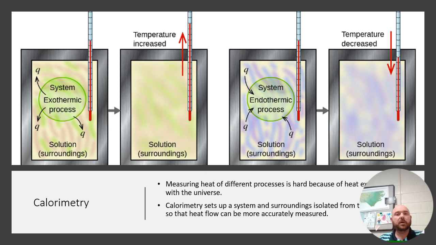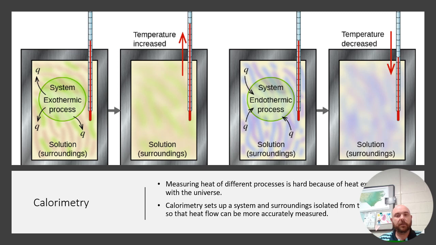And so in order to circumvent that, we've come up with this process of calorimetry whereby we enclose a system and its surroundings from the outer universal surroundings and measure how much energy is transferred between those two quantities.